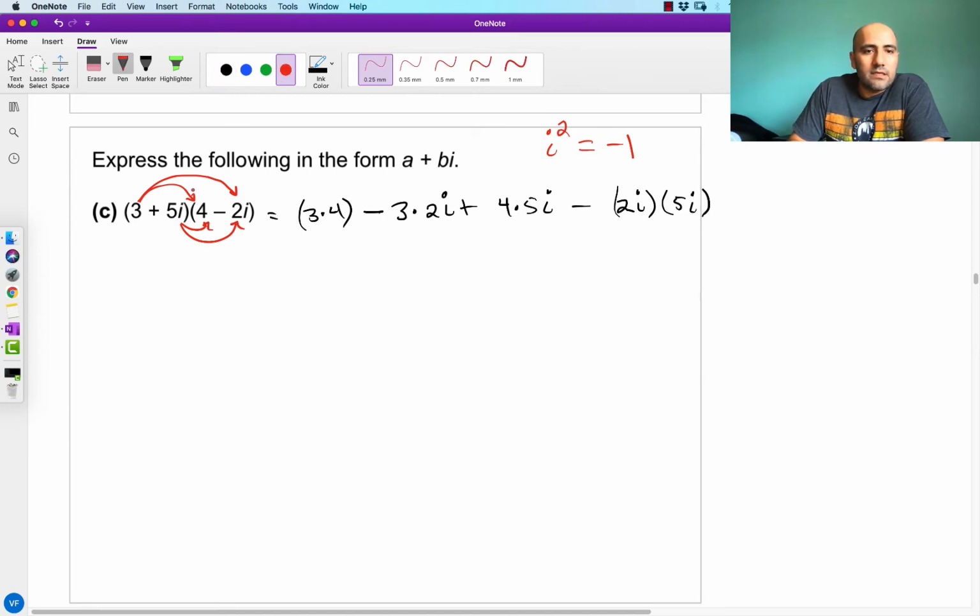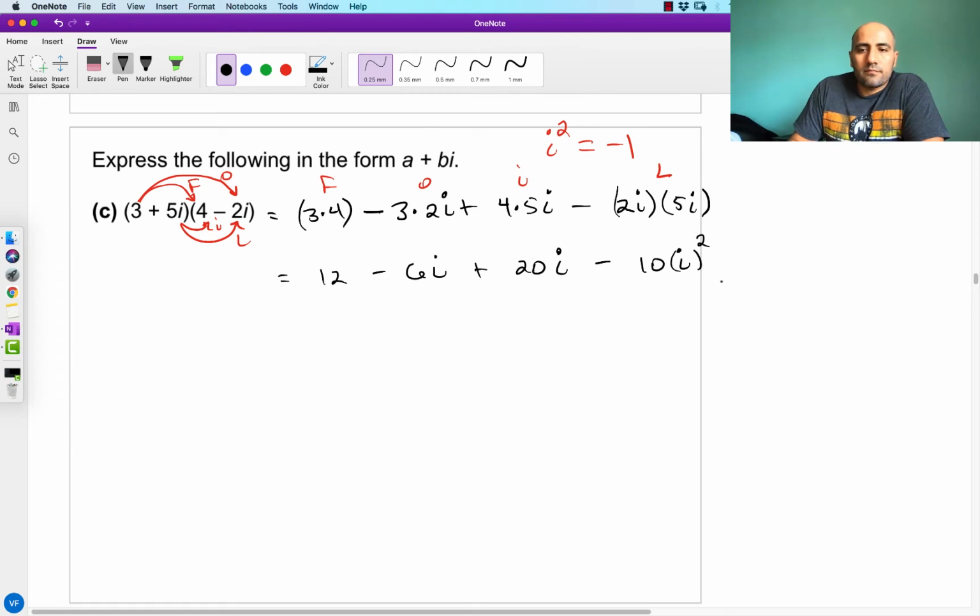Right, so that's the FOIL. And so that simplifies to 12 minus 6i plus 20i minus 10i squared, which we know i squared is just going to be a -1. So this simplifies to 12.